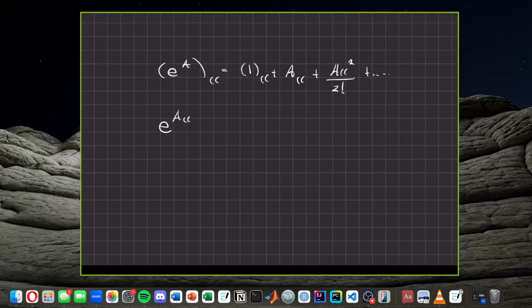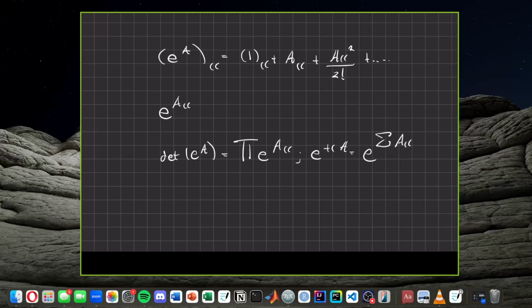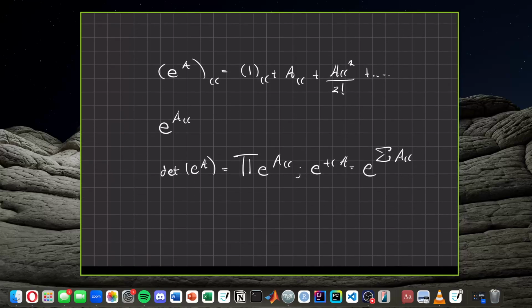And so if you looked at the determinant, you might have the product of e to the a sub rr. And this would go on, recalling that e to the trace of A is e to the sum of those diagonal elements. So that's maybe a more index way to go.